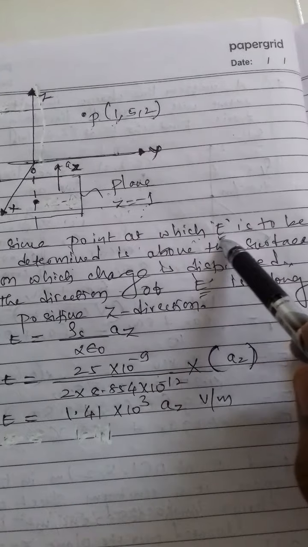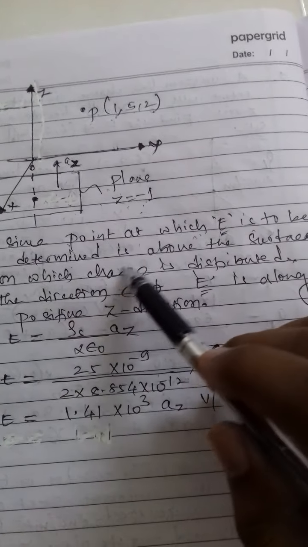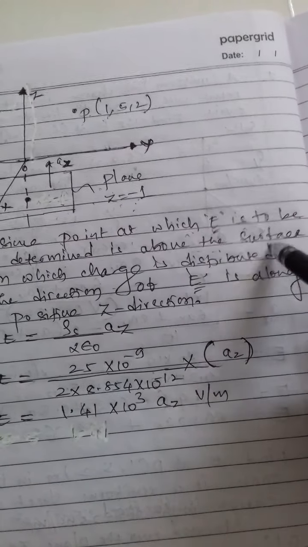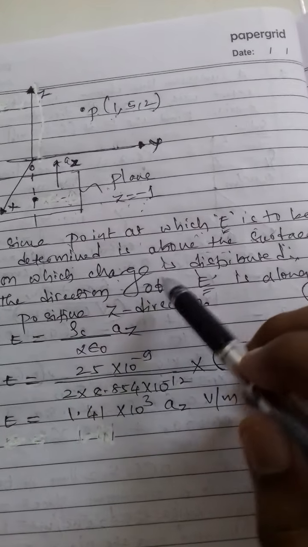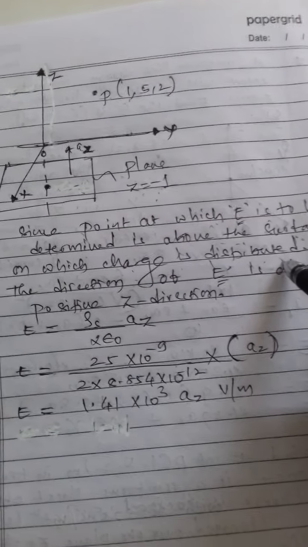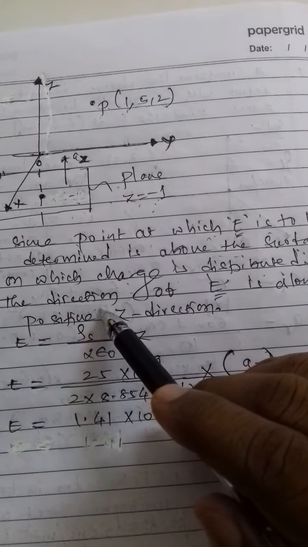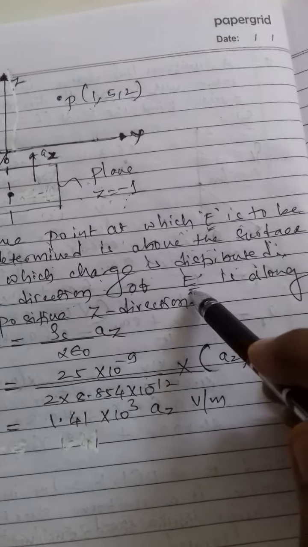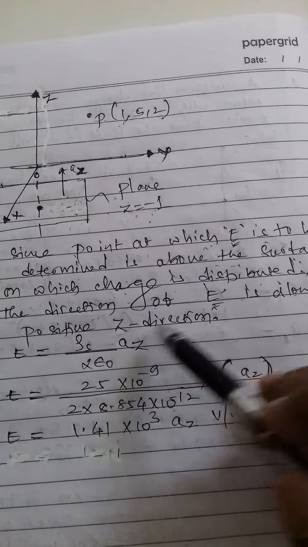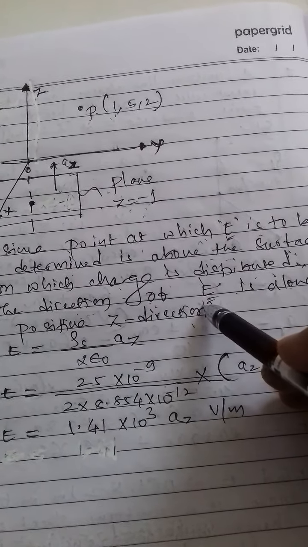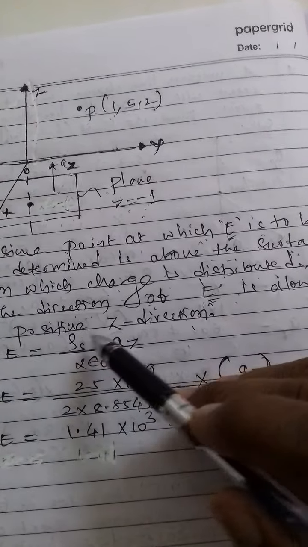Since the point at which E is to be determined is above the surface on which charge is distributed, the direction of the electric field is along the positive z direction. The direction of electric field E is along positive z.